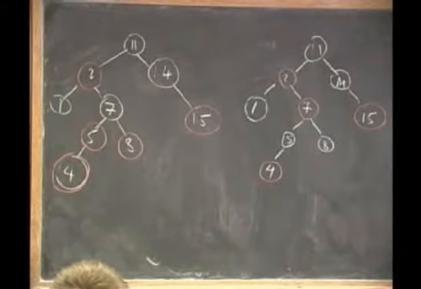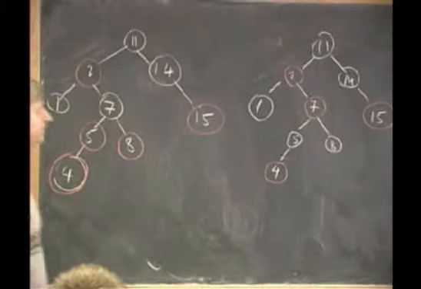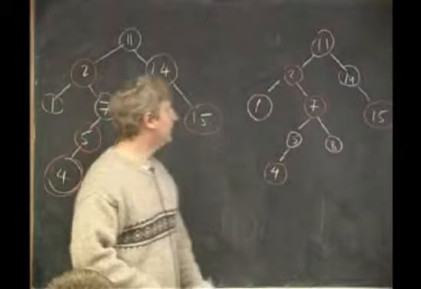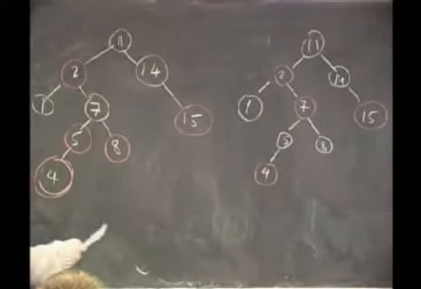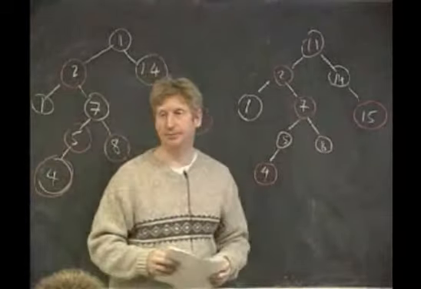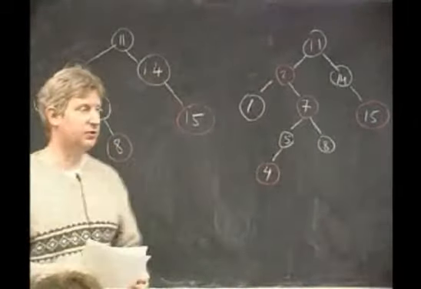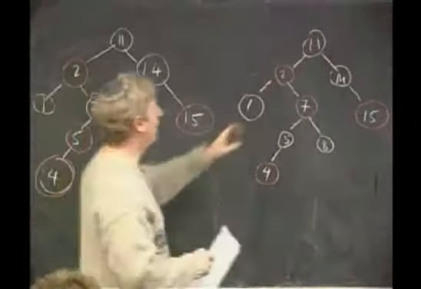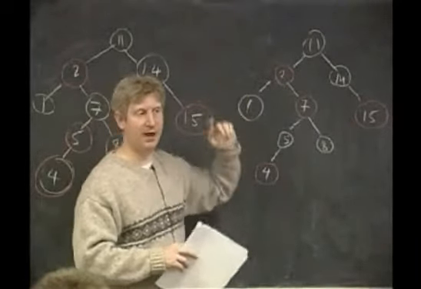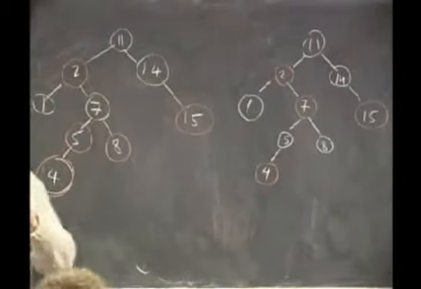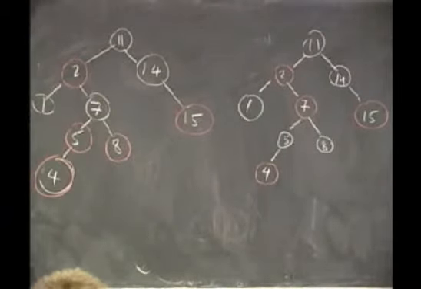But it's black, so we have to do some shifting. There's 2 cases here, and this is the hardest part of doing the insertions. One case is when you're coming off from the right, and one case is when you're coming off from the left. This is the very worst case. This is the one that's going to require 2 rotations.